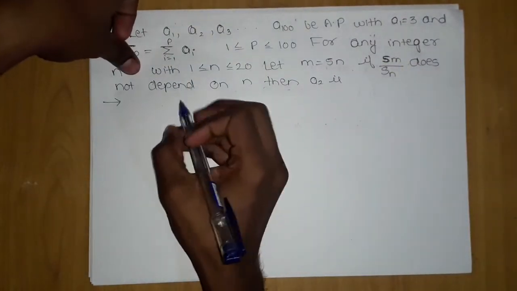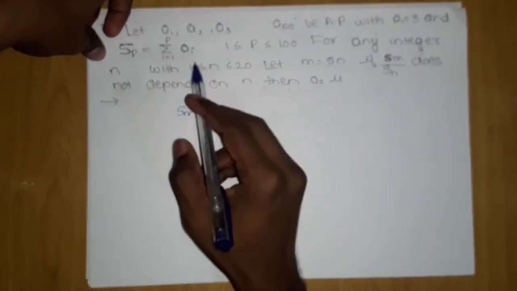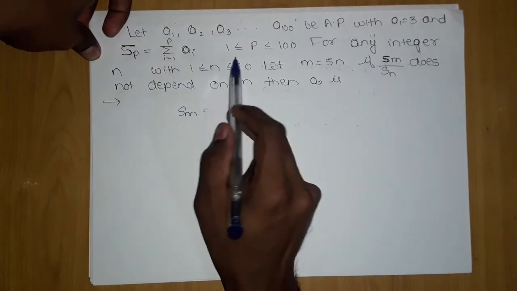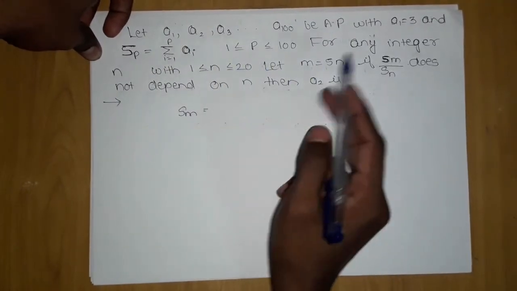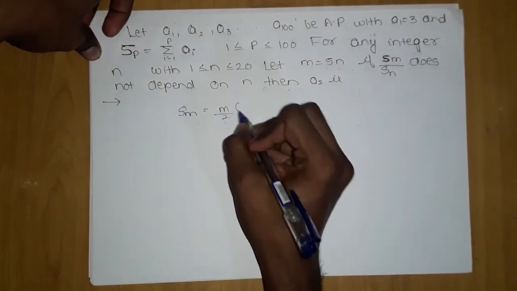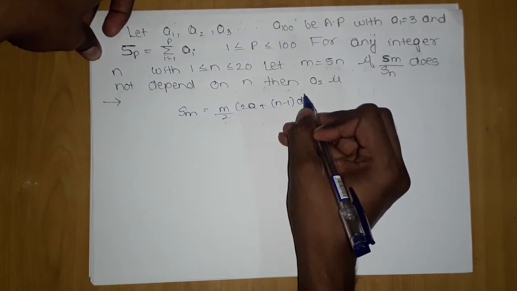Now let's find the sum. Let's think about whether we get some idea, because here we are not getting any idea yet. S_m is the summation of m terms, nothing more than that, and we have the first term. So this will be m by 2 bracket 2a plus bracket m minus 1 into d.